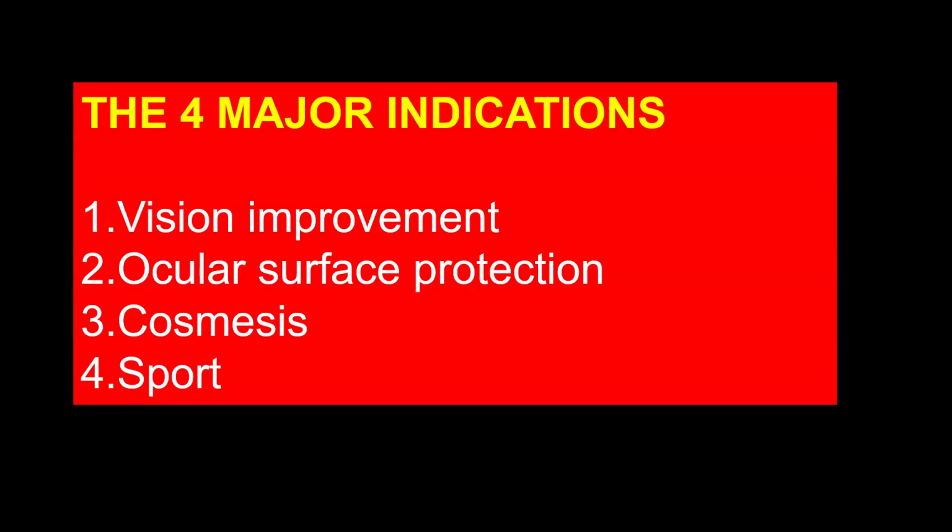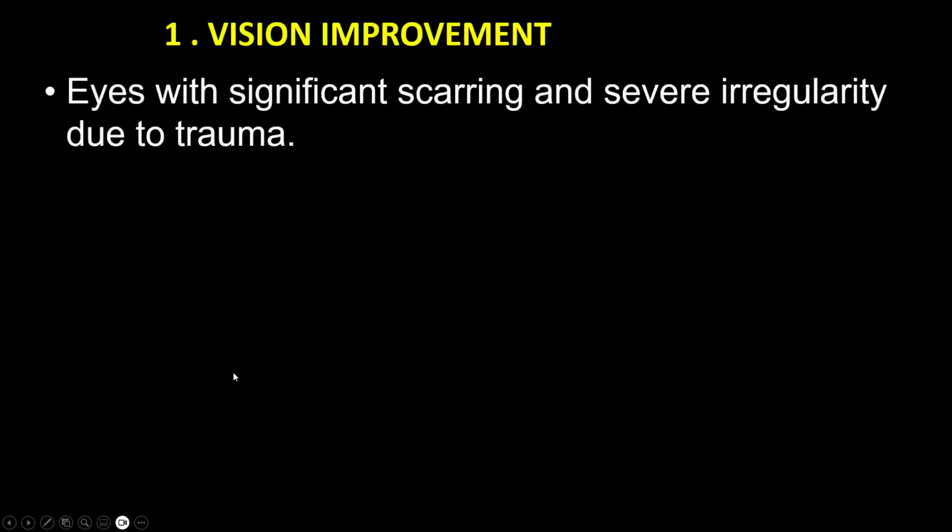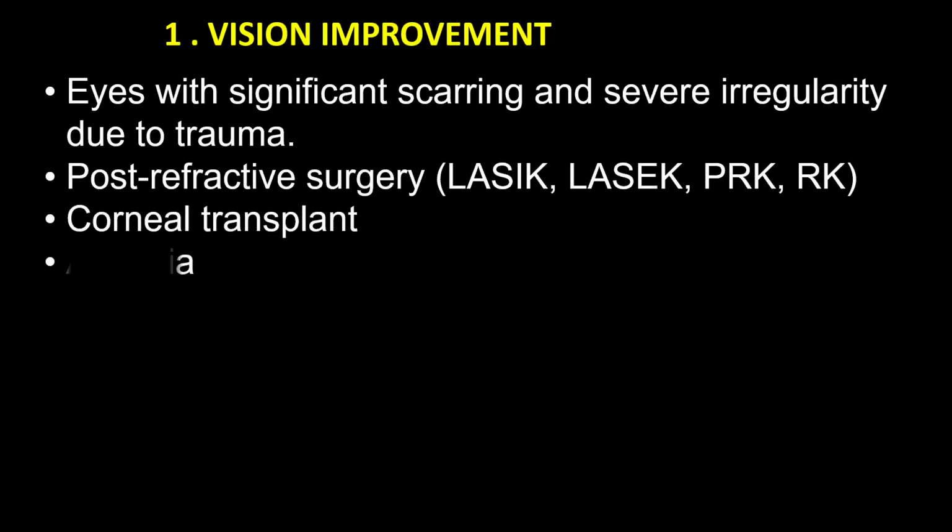However, when you have to optimize vision and comfort, it's also good to go for scleral contact lenses. But the major benefit you can get from it is the ocular surface protection. And then the cosmesis, then sports. Let's have a quick look at them.